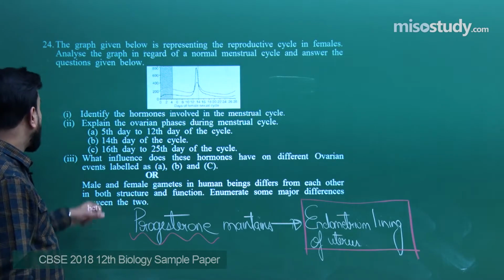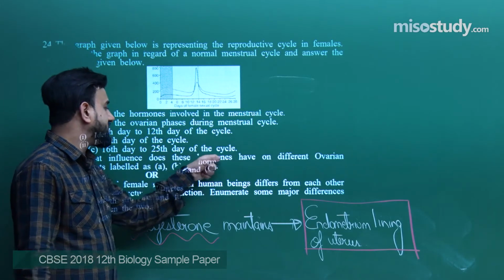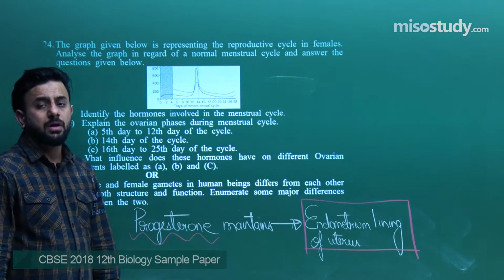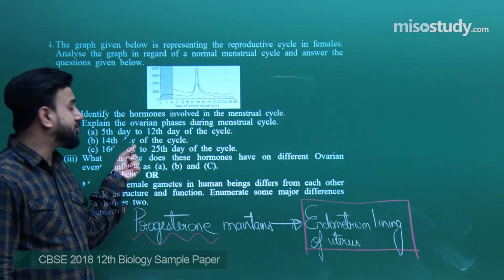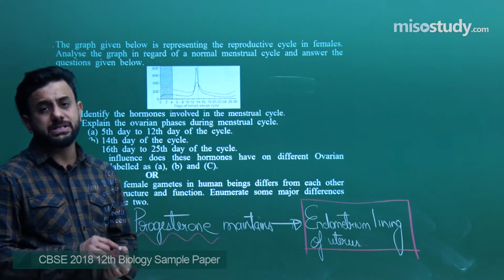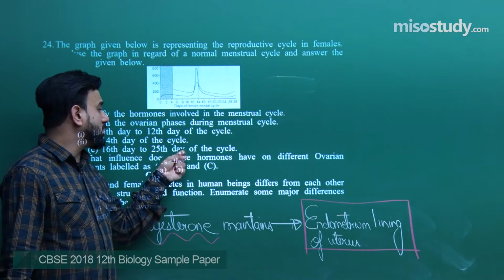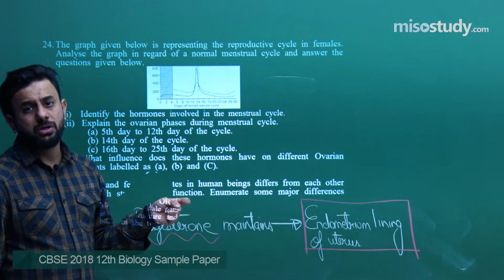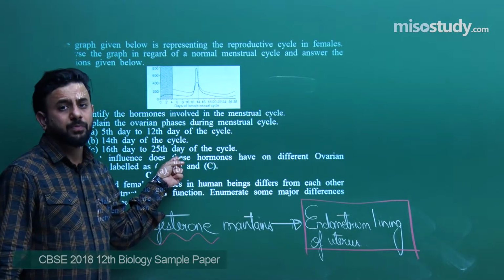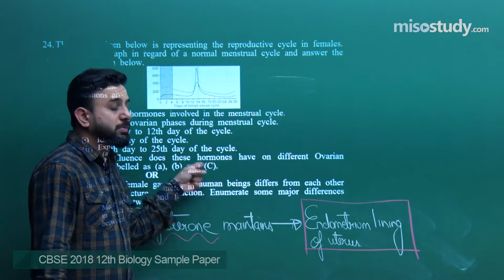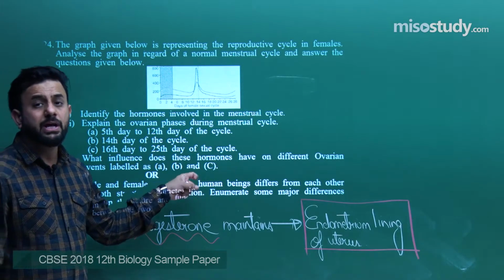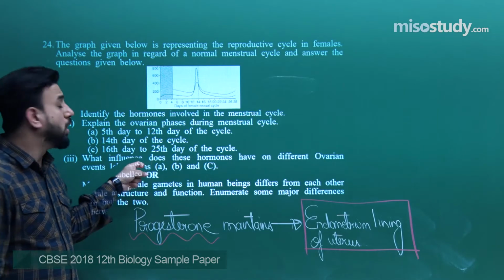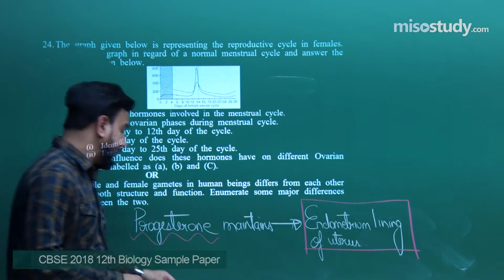Now let us come to the third part, the 16th day to the 25th day of the cycle. What is happening here? The remainder of the ovarian follicle is being stimulated by the LH to form the corpus luteum, and actually, I'm sorry, this actually forms the progesterone which maintains the cycle.